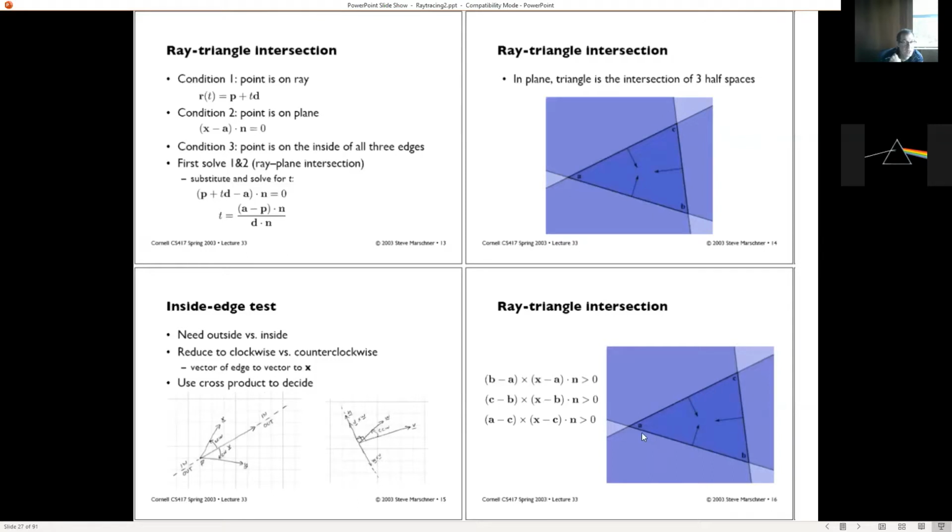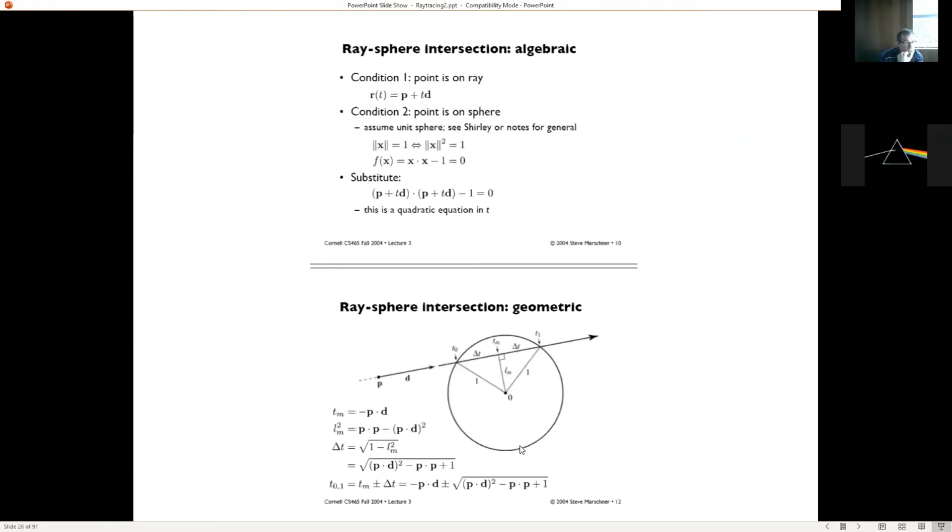Now, why did we not in the early days use these triangle tests? Why were ray tracers built using these sphere tests? Well, as you all know now, building a sphere, I need at least 1,000 triangles to make that look even halfway good. It's not going to be a very good sphere if I try to build it out of 10 triangles.